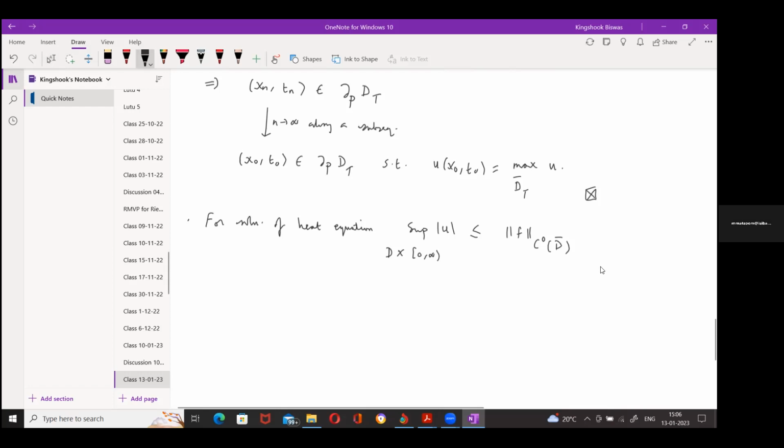So suppose u_t is a smooth one parameter family of functions, such that u_t restricted to the boundary of D is constant in t.